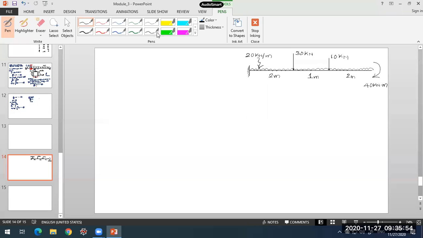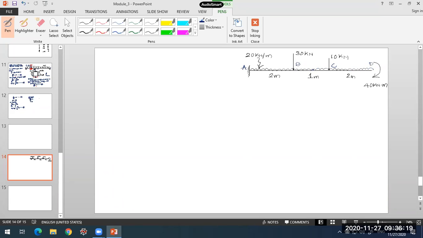Now let us mark some points so we can conveniently go for a calculation. Let us say this is support point A, and I'll call this point P, where the first concentrated load is applied. Point C is where the 10 kilonewton load is applied, and this free end will be point D.